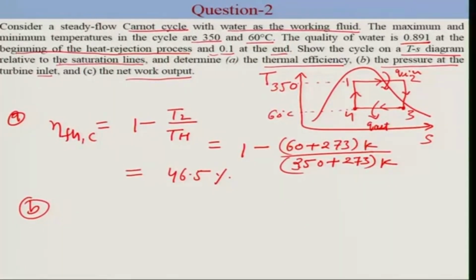Now, in the second part, the pressure at the turbine inlet. Okay. So, we have to calculate the P2 value. So, the entropy S2 at this state will be equal to the entropy at state 3, because it is an isentropic expansion. S3 equals entropy of the fluid SF plus quality at state 3 times SFG.